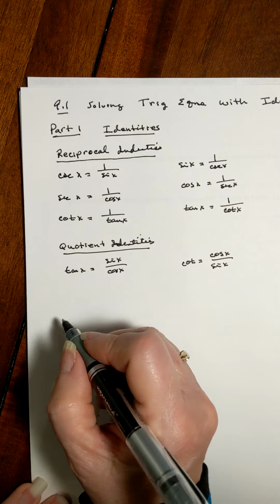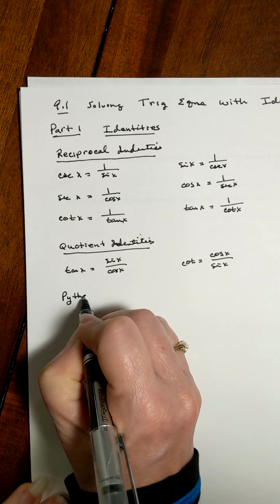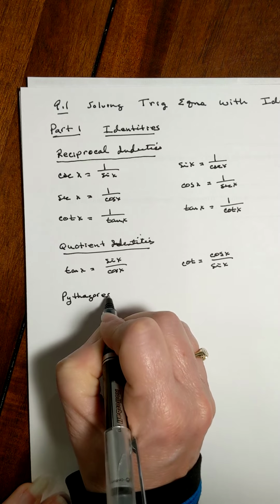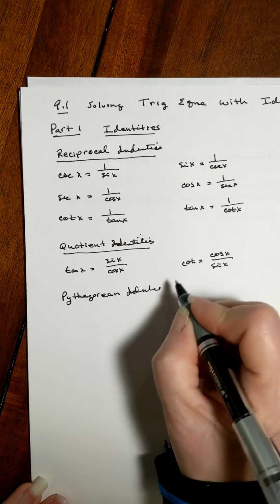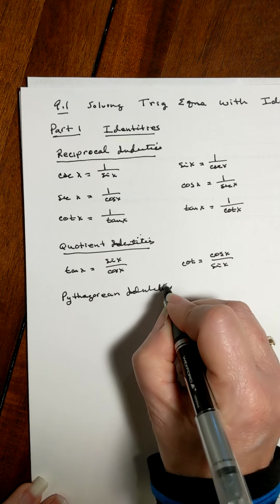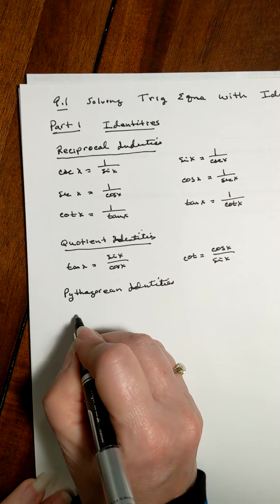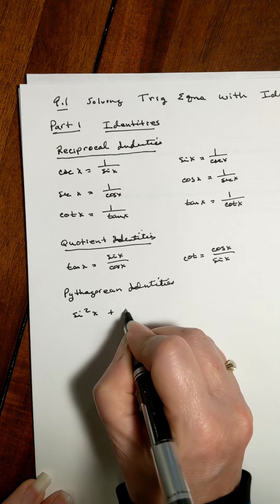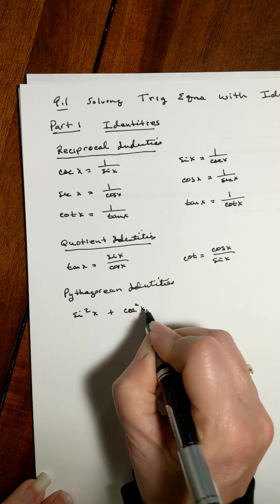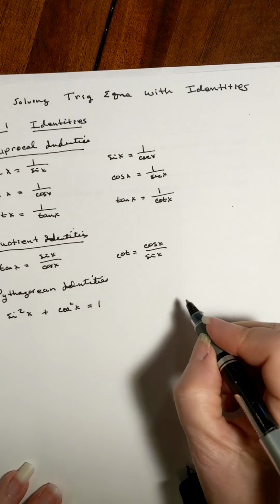The next one is the Pythagorean identities. And we already know the first one, and it is sine squared of x plus cosine squared of x is equal to 1.